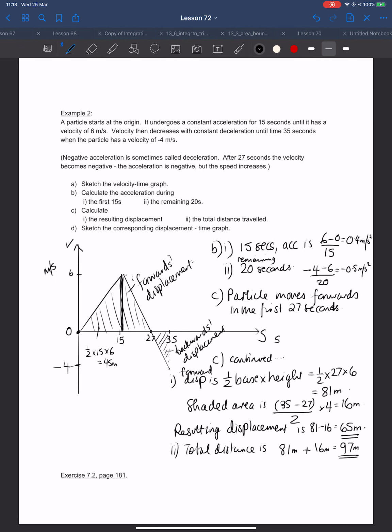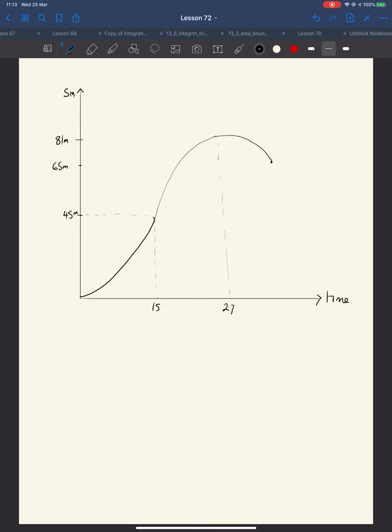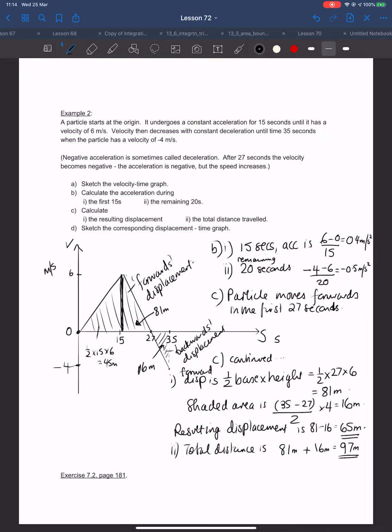So in there, that's 81 metres forwards, 16 metres backwards. There we are, so that's across there. That's at 35 seconds. Okay.